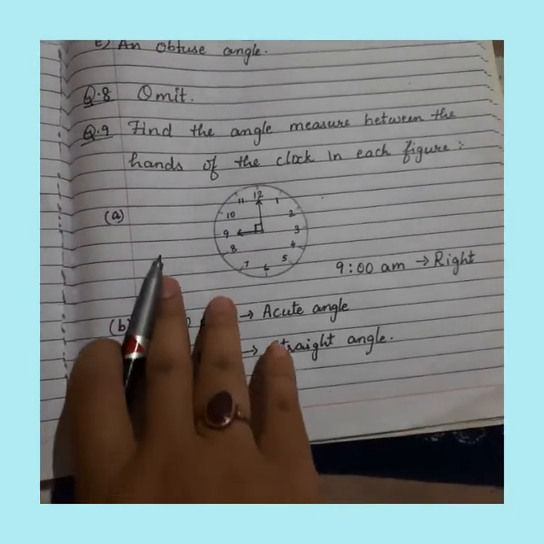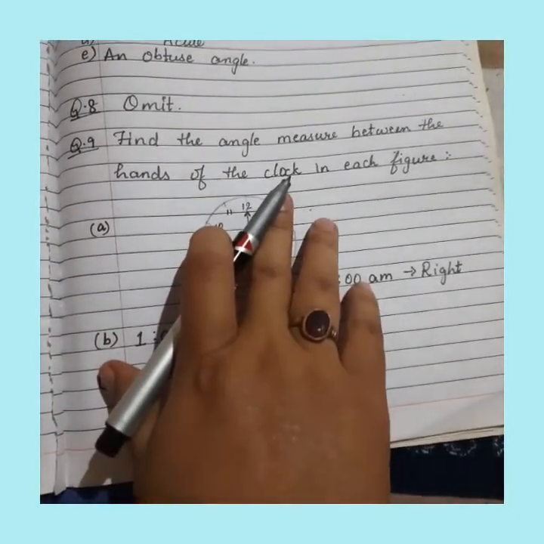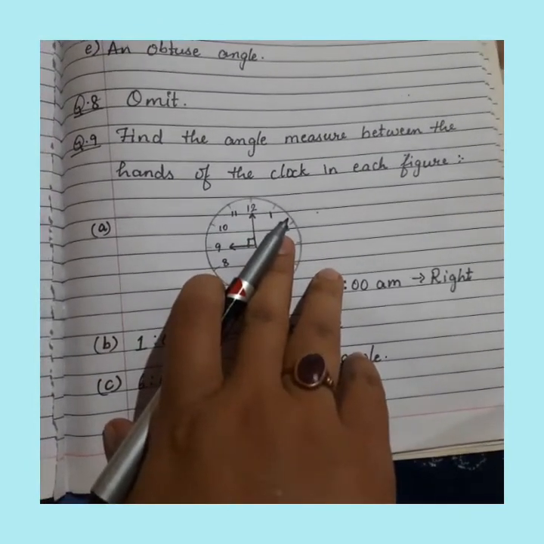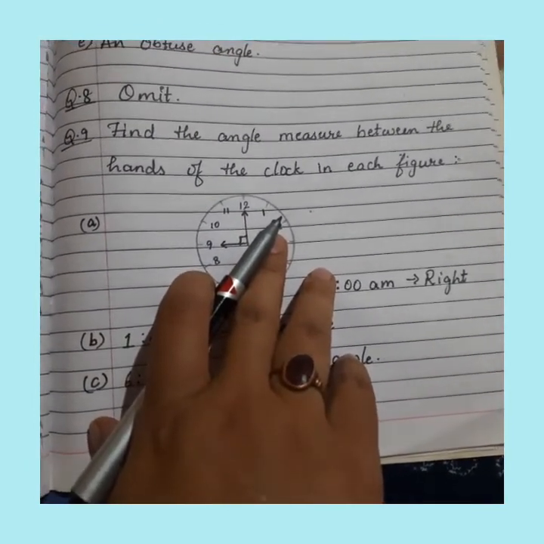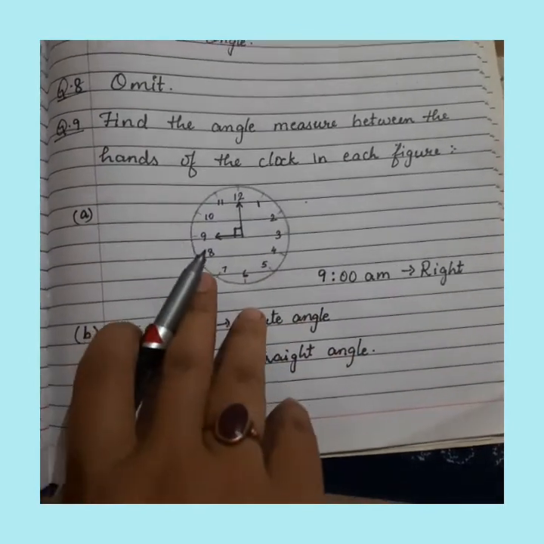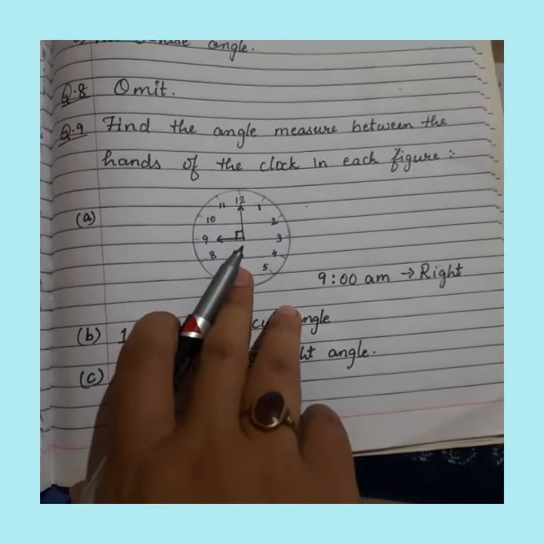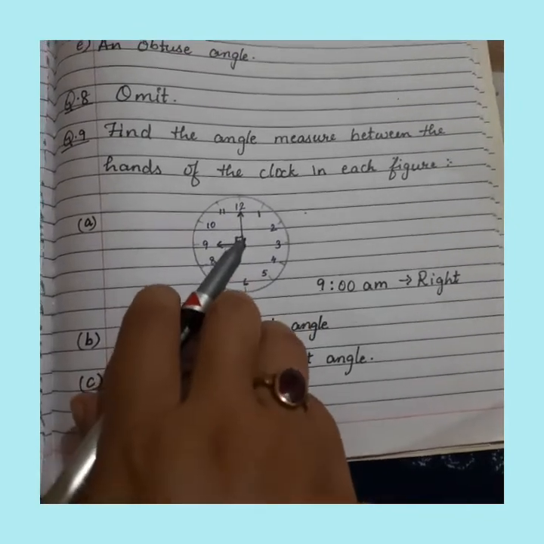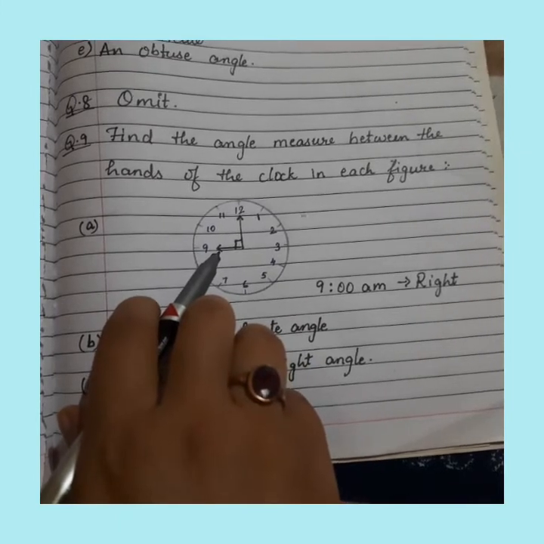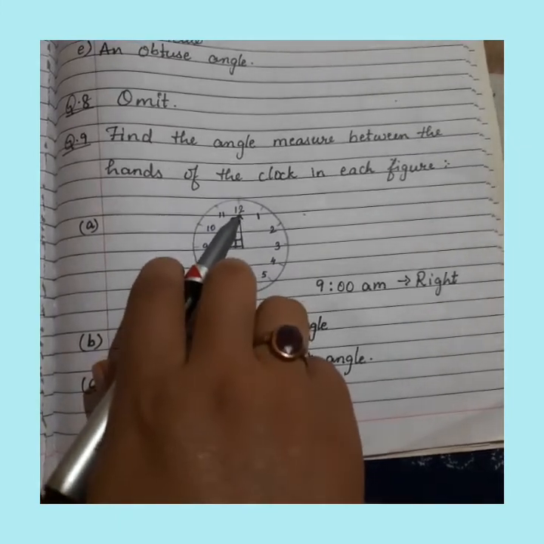Question number 9 is, find the angle measure between the hands of the clock in each figure. One I have done for you, the rest 2 questions are for your homework. The first figure shows 9 AM where the hour hand is on 9 and the minute hand is on 12.